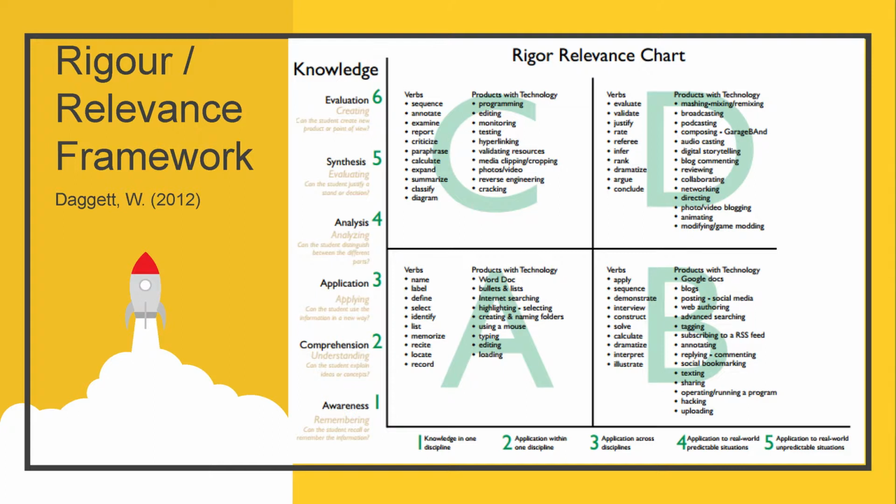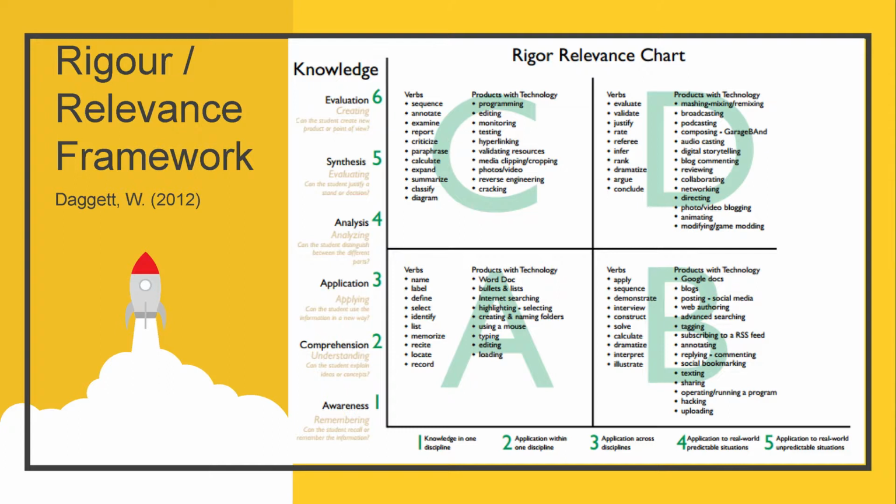Why I say A to B and then C to D is if you are someone who's very comfortable with awareness, comprehension, and application levels of the taxonomy, and you intend to grow horizontally, then you'll be going from A to B, and then you may be working on C to D.